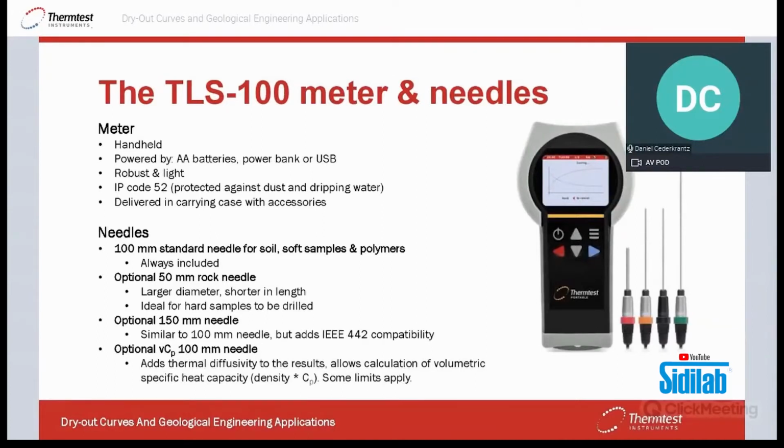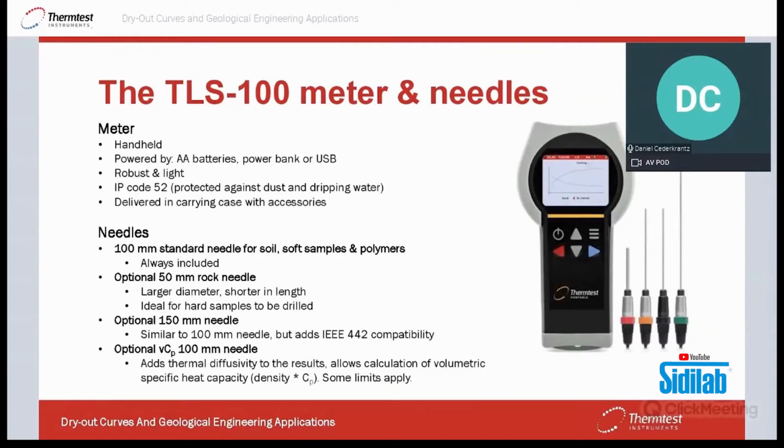So the needles might be something interesting to discuss, of course. The TLS 100 always comes along with a 100 millimeter standard needle, which is for soil or soft materials, or perhaps also polymers. In the picture, that's the needle that you see second from the left with an orange color on it.